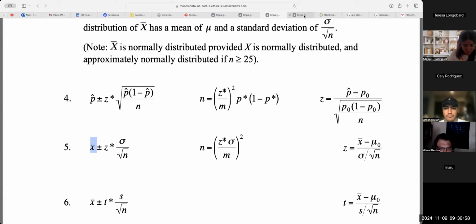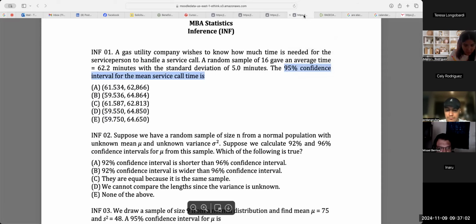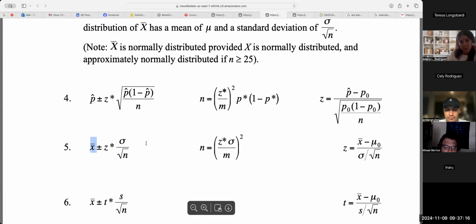That's the first thing that you have to look for, if you want to do this in a systematic way. So they want to know about the average time. Average, very good. Average time, so that's the key word there. That tells you that it's either 5 or 6 because it's about the average, inference on the mean.